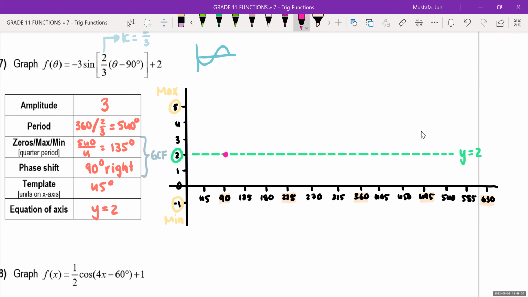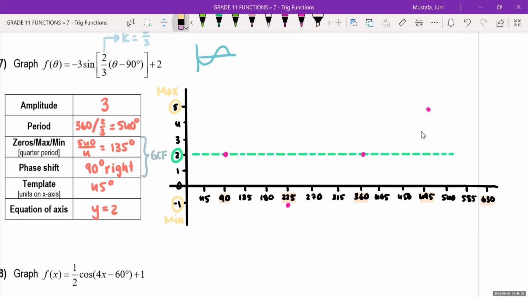And because I've already highlighted it, I don't even have to think. It's going to be 225 because 90 plus 135 is 225. And we're going to go all the way to our minimum. Then move over to the next quarter period and go back to your 0. The next quarter period and the maximum, and then the last quarter period and a 0.